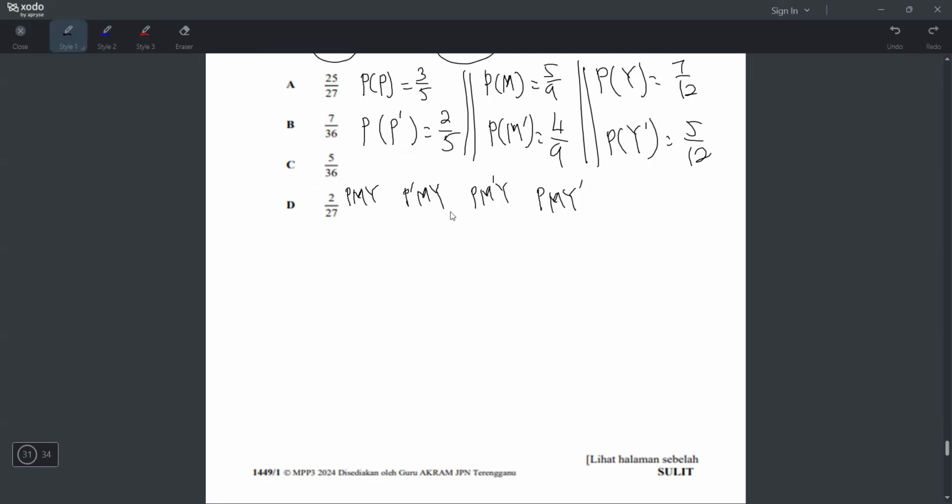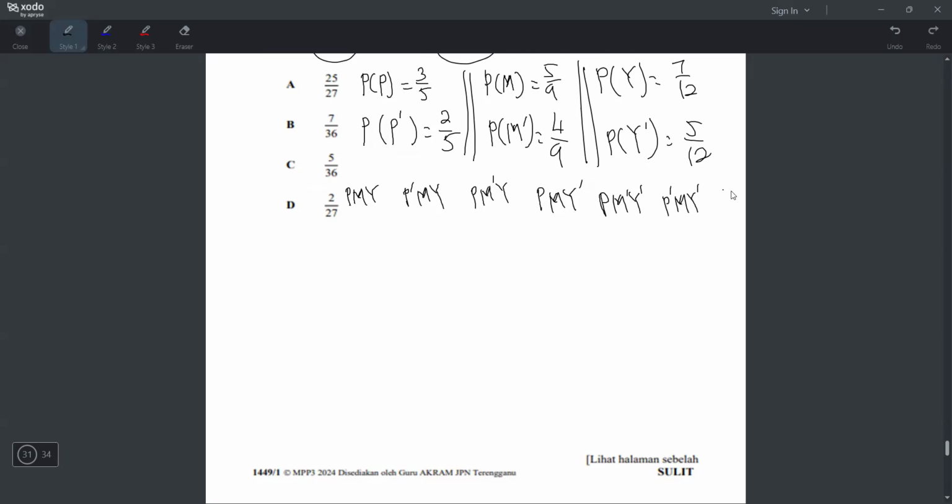Okay, sudah saya ini semua dapat 2. Okay, what about yang dapat 1? So yang dapat 1 is what? Maybe P dapat tapi M tak dapat, Y tak dapat. Right? Or it can also be dapat 1 for Mara saja yang dapat. So P tak dapat tapi M dapat, tapi Y tak dapat. Right? Means dapat M sajalah. And then the next one is dapat Y saja.